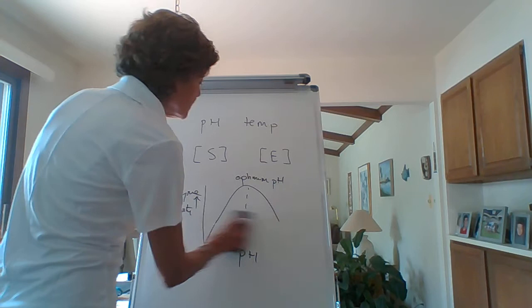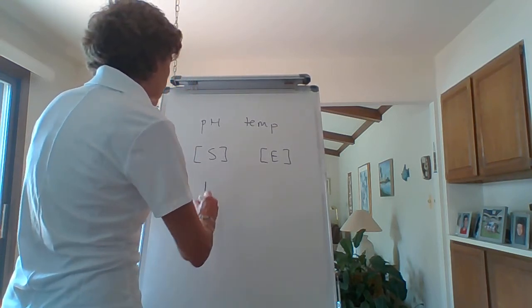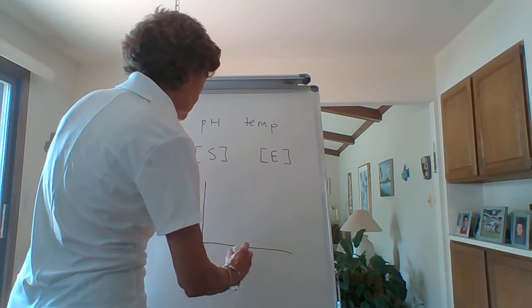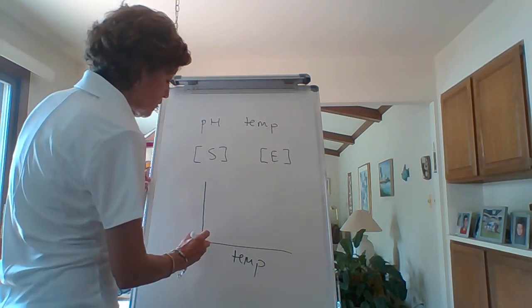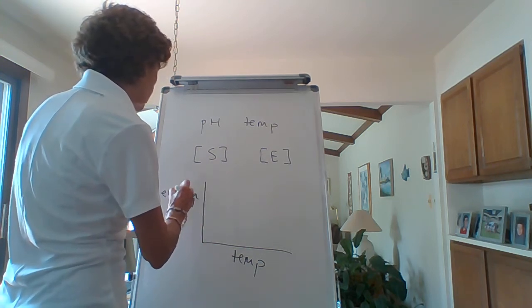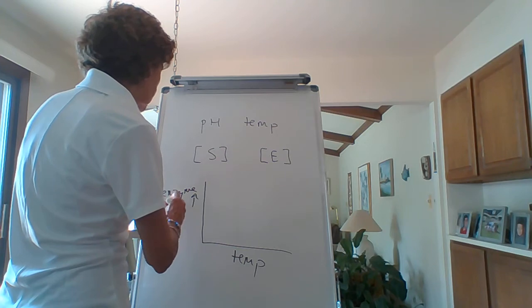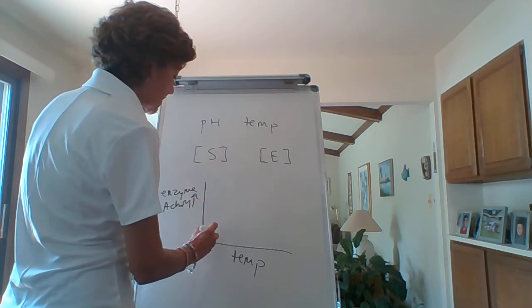So normally with a temperature diagram and enzyme activity, what we'll see is you get, and this is enzyme activity, low temperature, not much activity.